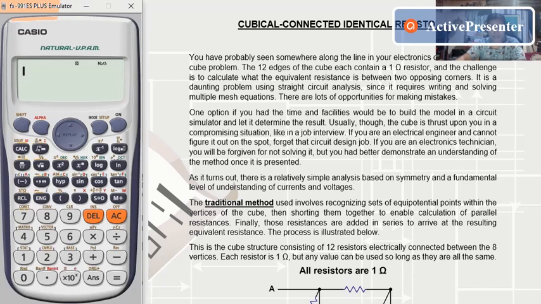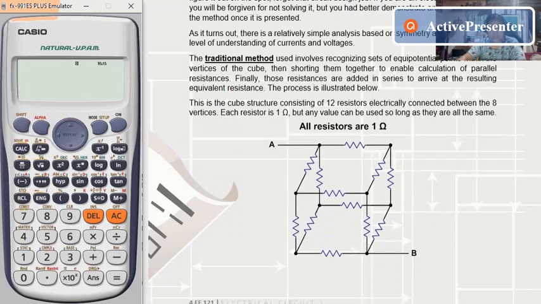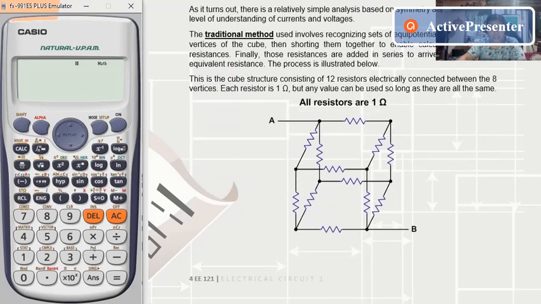So kaning cubical, we have to solve. So inani na figure. So to solve this, we need to use the traditional method. So traditional method use involves recognizing sets of equipotential points within the vertices of the cube, then shorting them together to enable calculation of parallel resistances.